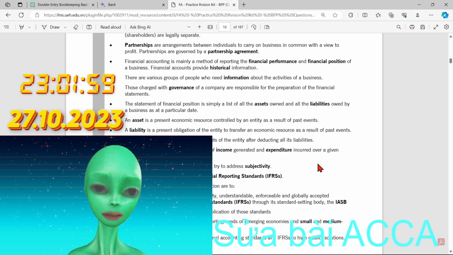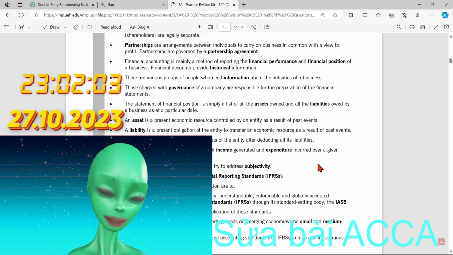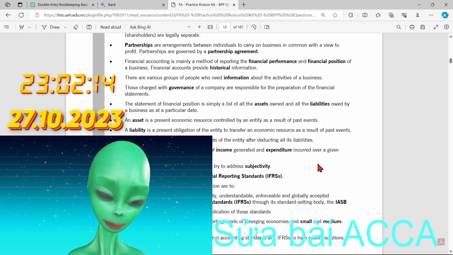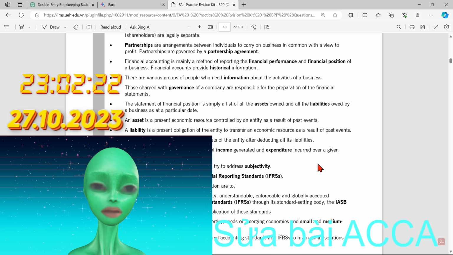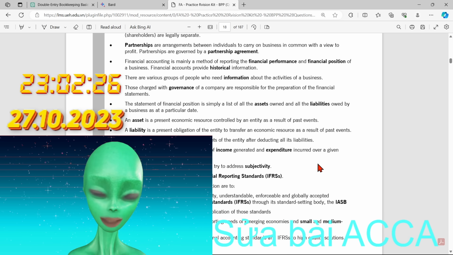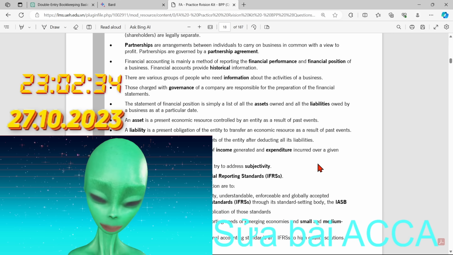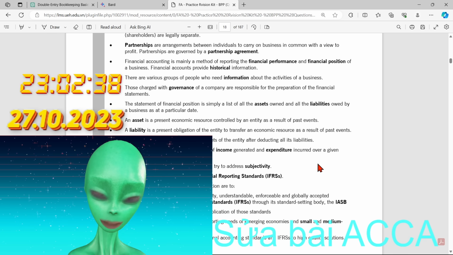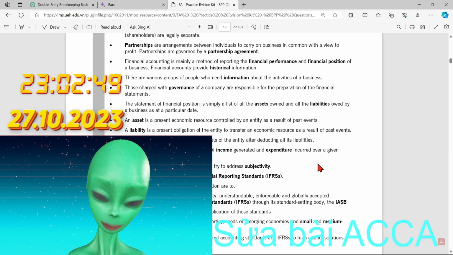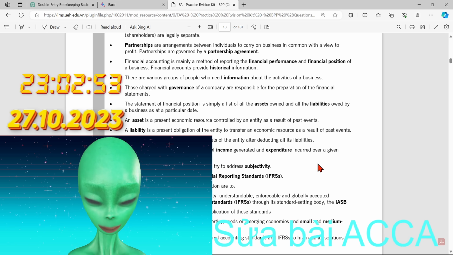The IASB develops the International Financial Reporting Standards, IFRS.